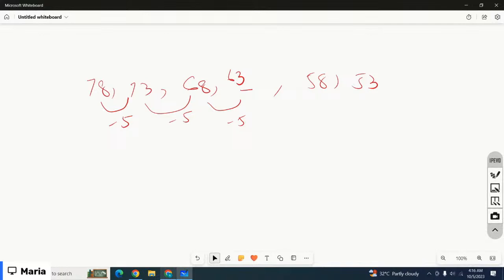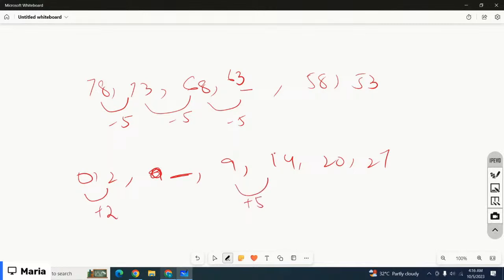Okay, the other example is 0, 2, the missing number, 9, 14, 20, and 27. Okay, let's just see how the pattern grows, right? 0 plus 2 is 2, 9 plus 5 is 14, 14 plus 6 is 20, and 20 plus 7 is 27.